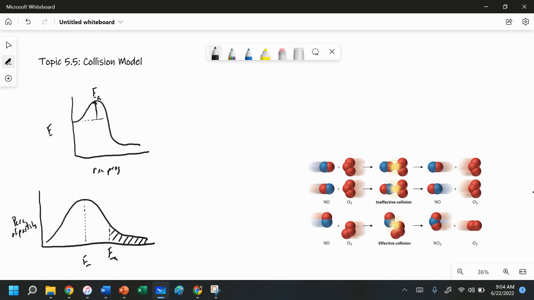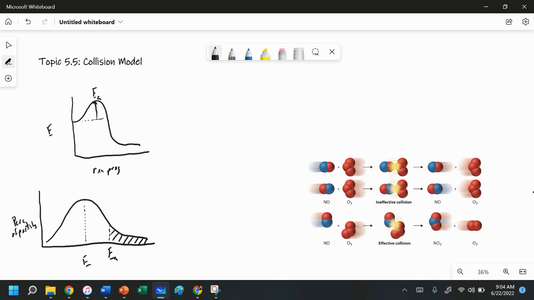So even though the average temperature may not be high enough for all the particles to react, some of the particles will have kinetic energy that is capable of getting over that activation energy. And again, that is simply part of the collision model that says that particles have to collide with sufficient energy to overcome that activation energy in order to react.